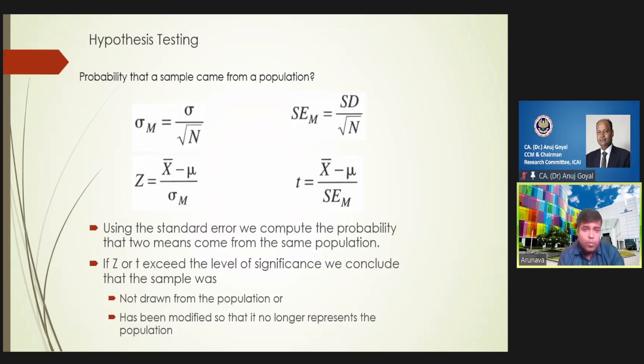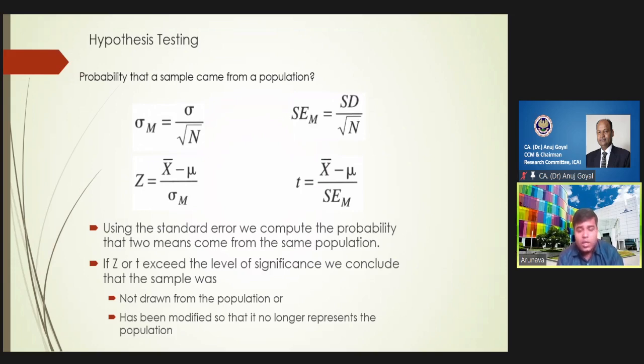Hypothesis testing answers the question: what is the probability that a sample is coming from a population or not? When we have sample data, we can go ahead with hypothesis testing using that sample. And we said, why do we need statistics? Here comes the role of hypothesis testing, where statistics is used to prove this.